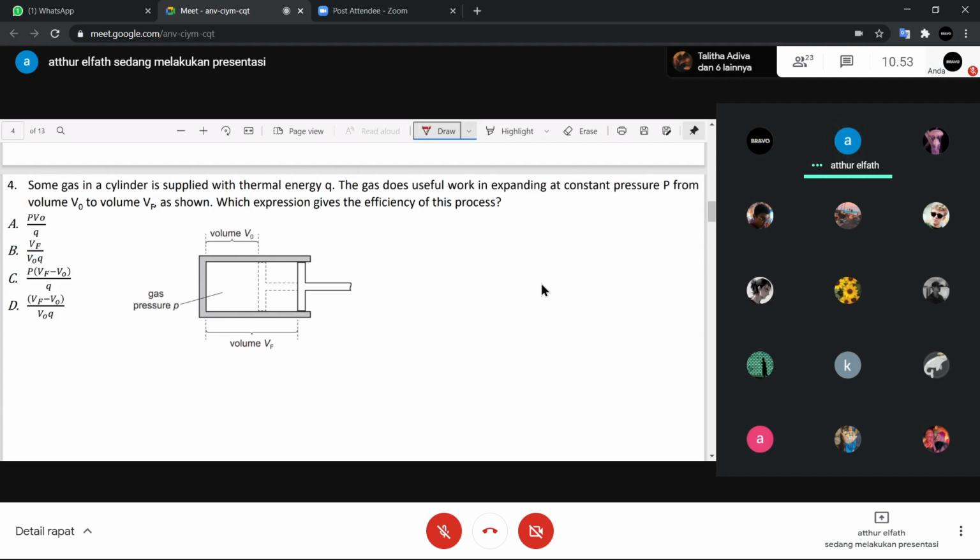Number 4. Some gas in a cylinder is supplied with thermal energy Q. The gas does useful work in expanding at constant pressure.